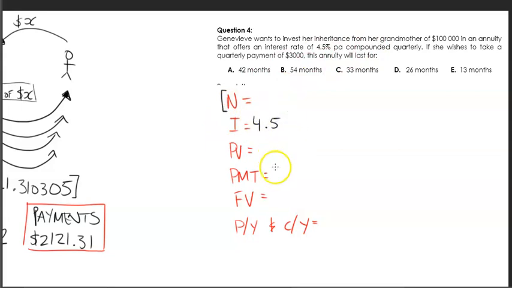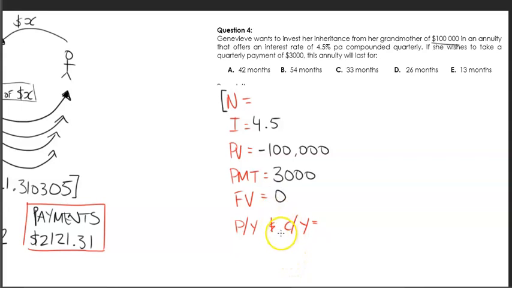The present value, or how much you're initially giving to the bank, is always a negative if it's an investment, and it's $100,000 in this case. The PMT, or the payments that are made per time frame, in this case per quarter, is $3,000.